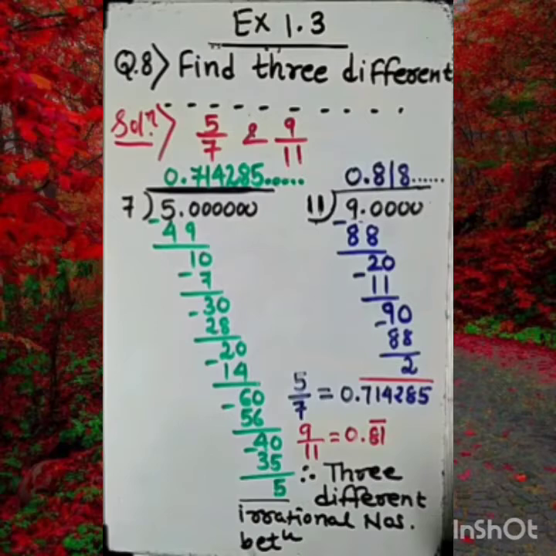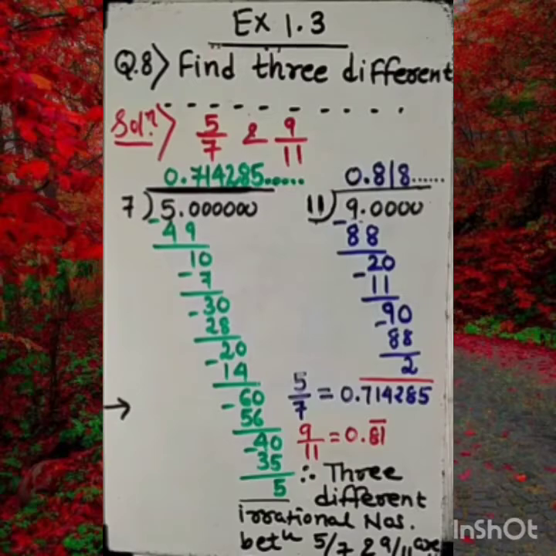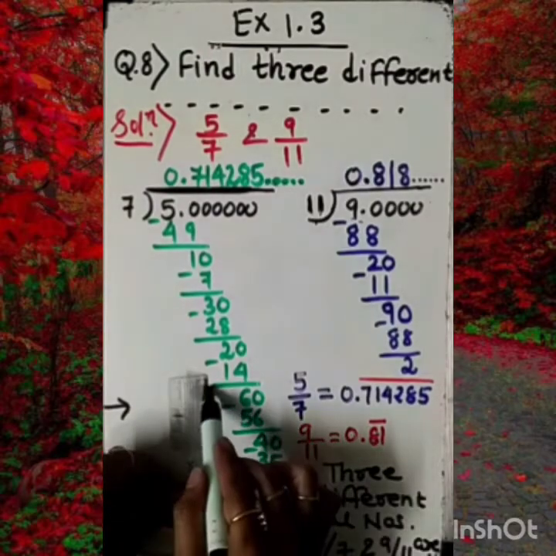Between 5/7 and 9/11. I'm mentioning it here. There are three numbers which we can find between these.